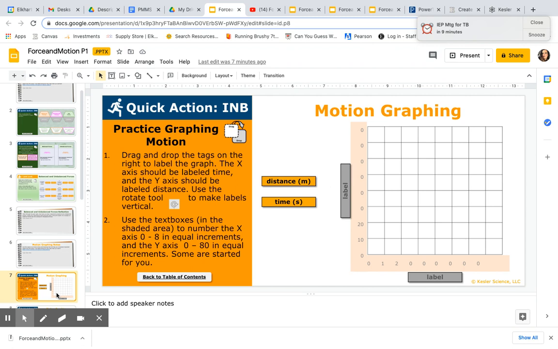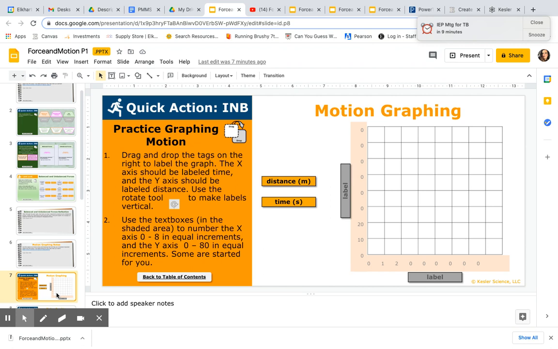The x-axis should be labeled time and the y-axis should be distance. Use the rotate tool to make the labels vertical. Use the text boxes in the shaded areas to number the x-axis 0 through 8 in equal increments, then the y-axis 0 through 80 in equal increments.